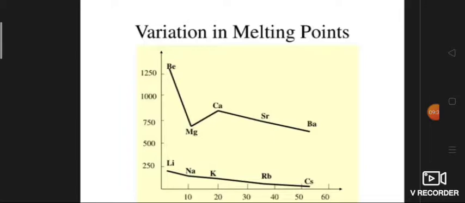Variation in melting point. Since the metallic bonding between these elements is weak, these elements have low melting and boiling points. The melting and boiling points decrease on moving down the group due to decrease in the extent of metallic bonding.